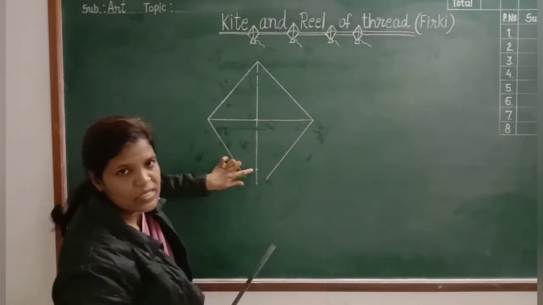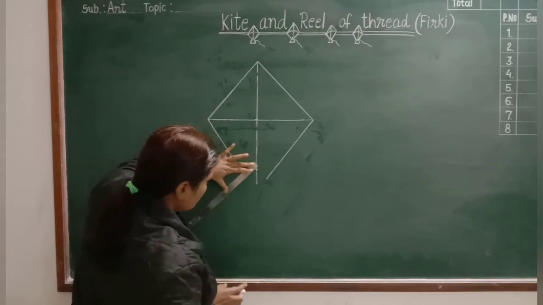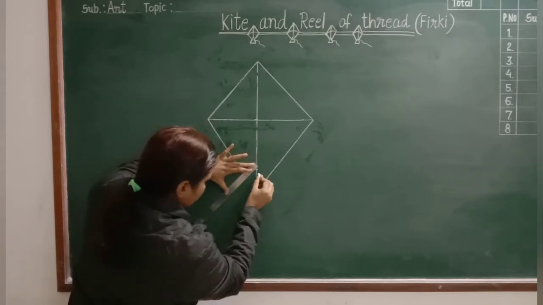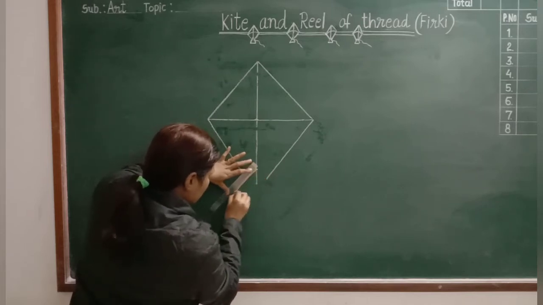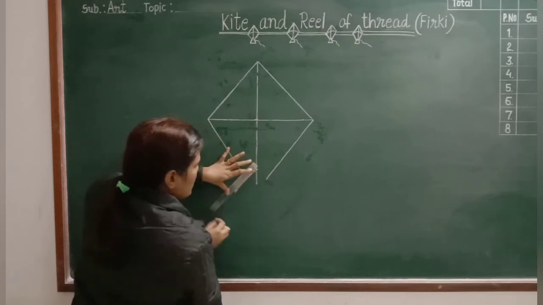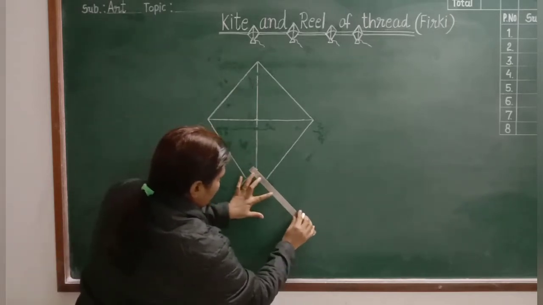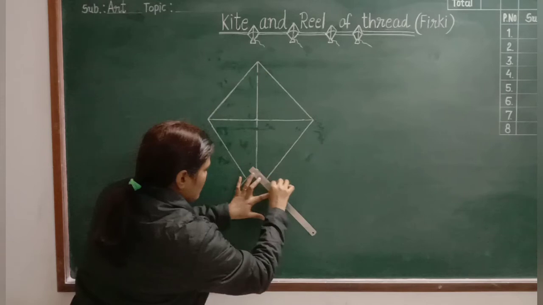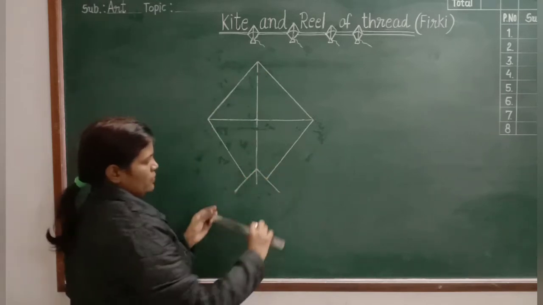Then from this point you draw triangle shape, okay, like this, okay, triangle shape, like this, okay.